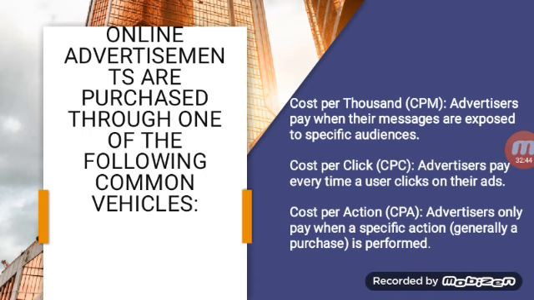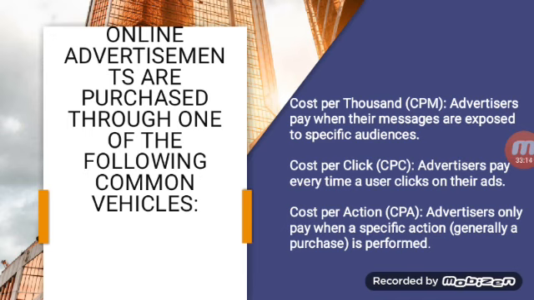Cost per action. Okay, this is a bit more difficult one, where most marketers would opt for this, because this will help them to track the cost. But most advertising companies or advertising networks would not prefer this. Why? Let's look into it.